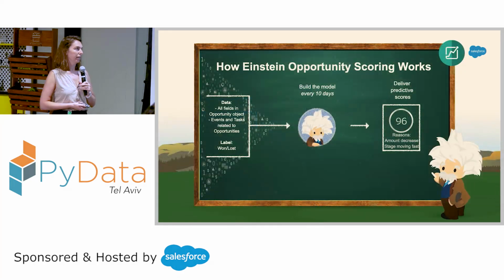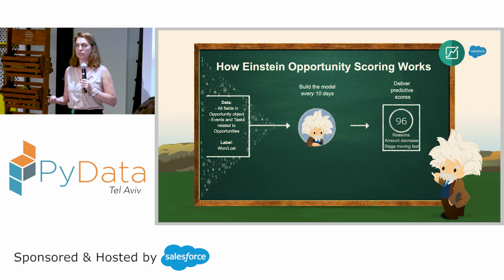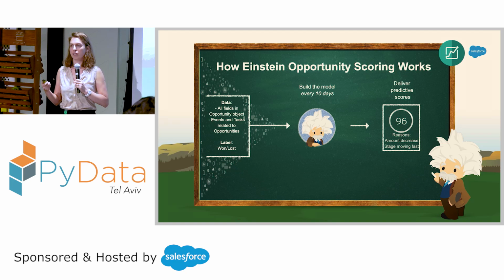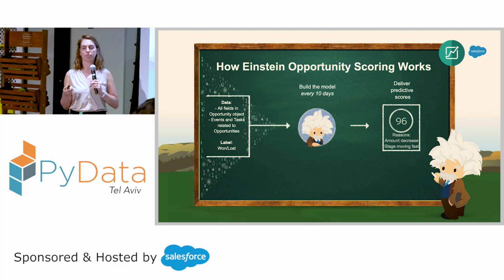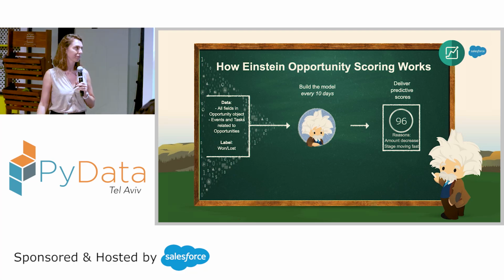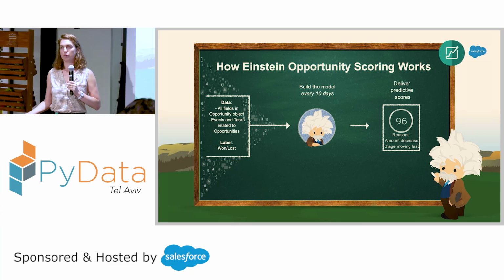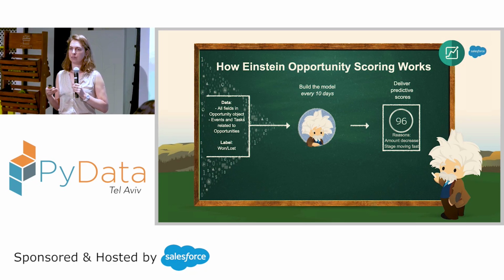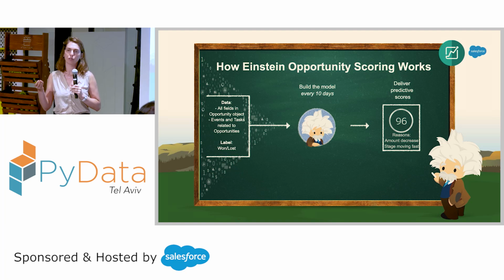So basically, how does it work? It's important for you to remember that all the data we're using is human-generated data. So it can be very noisy and very hard to train a machine learning model on. We're using the opportunity object to train models, and we are using standard fields, and also every Salesforce customer can create his own views and his own fields.